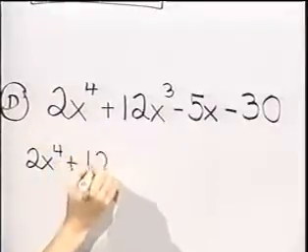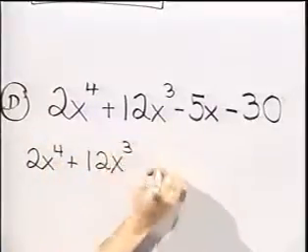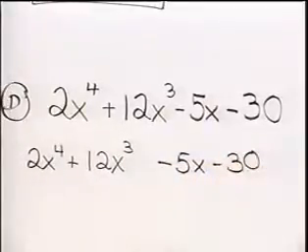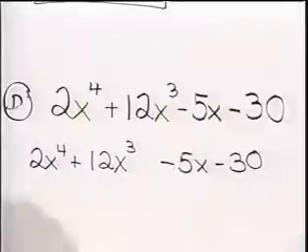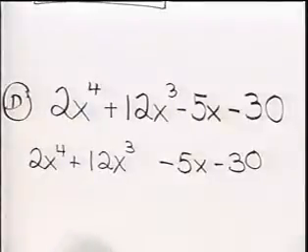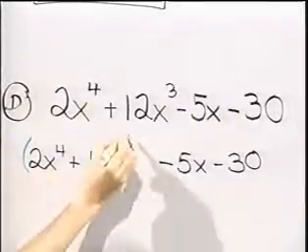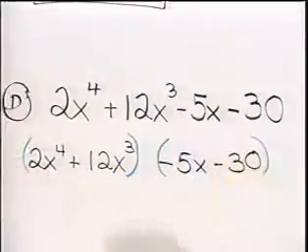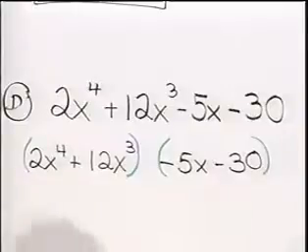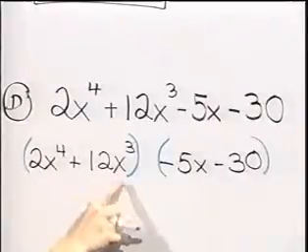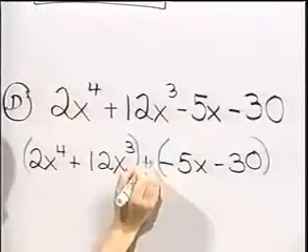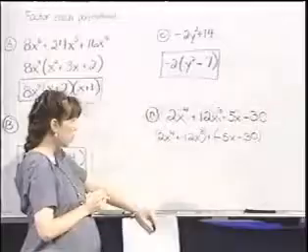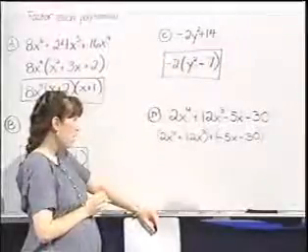I'm just rewriting it, and I'm going to put the minus 5x closer to the minus 30. Now I'm going to group the first 2 terms together, the 2x to the 4th and the 12x cubed, and I'm going to group the second 2 terms together. Remember, this is still a sum of terms, so I'm technically going to put a plus sign in there. All I've done is group the terms into pairs.